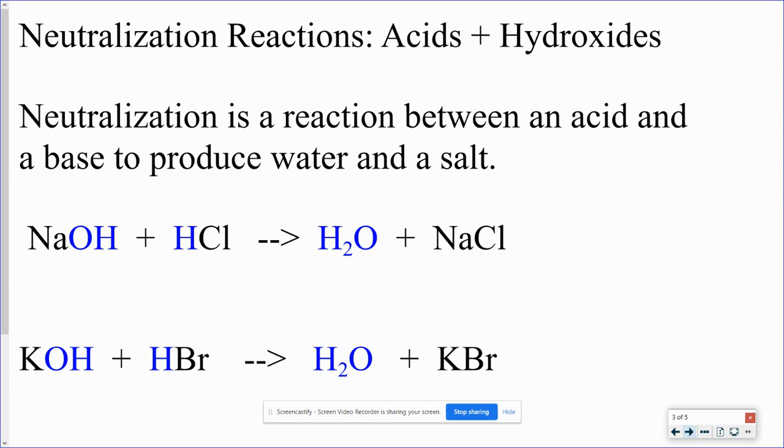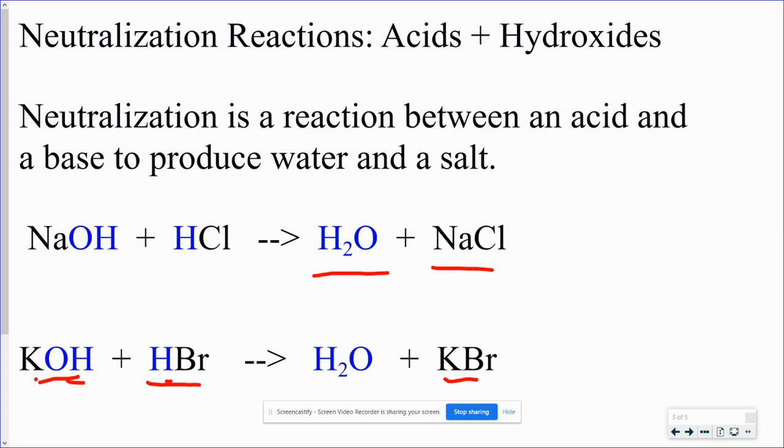Then a neutralization reaction is anytime you mix a hydroxide with an acid. So sodium hydroxide plus HCl is our classic, and we get water and salt. But the same with a different strong acid, potassium hydroxide with a strong acid, hydrobromic acid, we still get water and a salt.